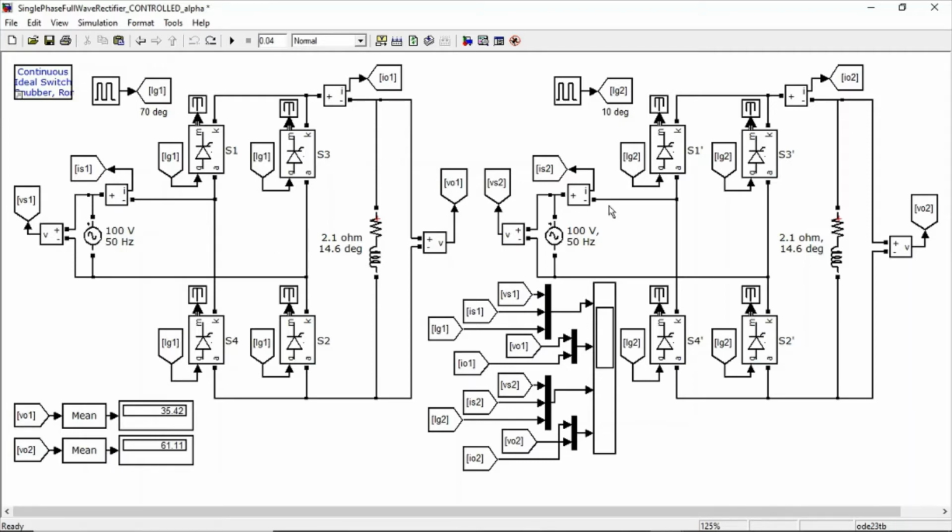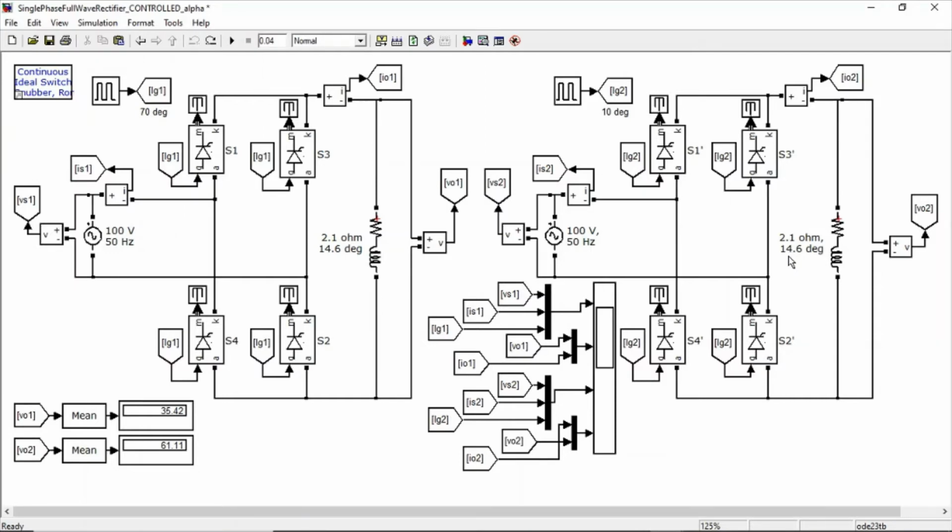For the left and right rectifiers, the firing angles are set to 70 degrees and 10 degrees respectively. If you notice, the firing angle of the left rectifier is higher than the load impedance angle, while the firing angle of the right rectifier is lower than the load impedance angle.